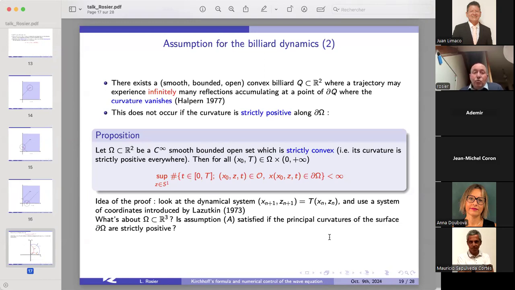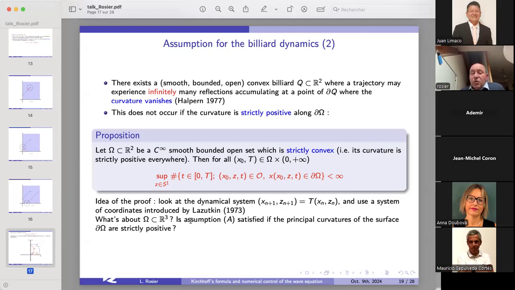Hopefully, we were able to prove in dimension 2 that if the curvature is strictly positive along the boundary, we don't have this. This result is actually true for any time T. So in dimension 2, if you take a domain which is strictly convex, that is, the curvature is strictly positive, then for any x0 and any time T, the number of reflections is finite uniformly in the direction z.